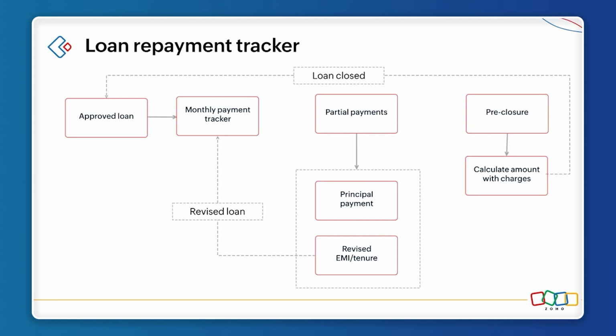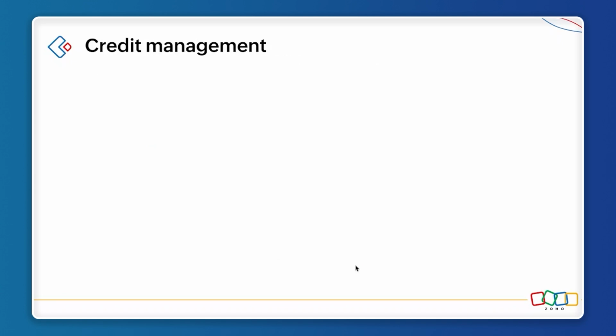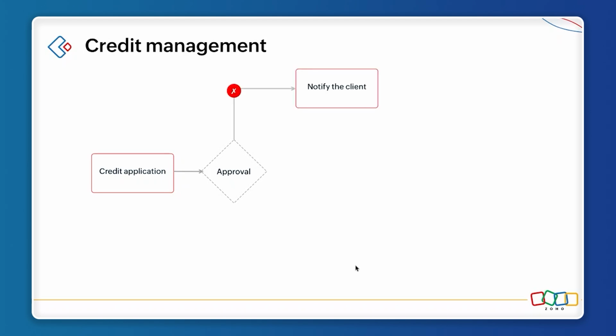Apart from loan management, we are also managing credit management. Loan management and credit management are somewhat similar, only the amount and the installments will differ. Similar to the loan application, whenever we receive a credit application, it will go into a certain approval process. If the approval gets rejected, we will notify the client about the rejection.